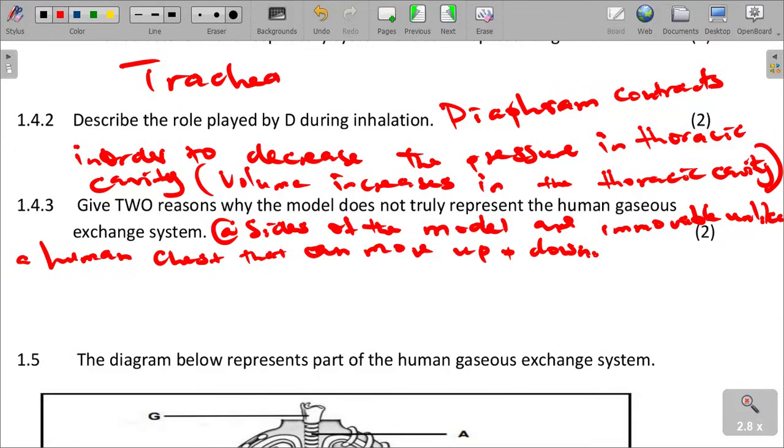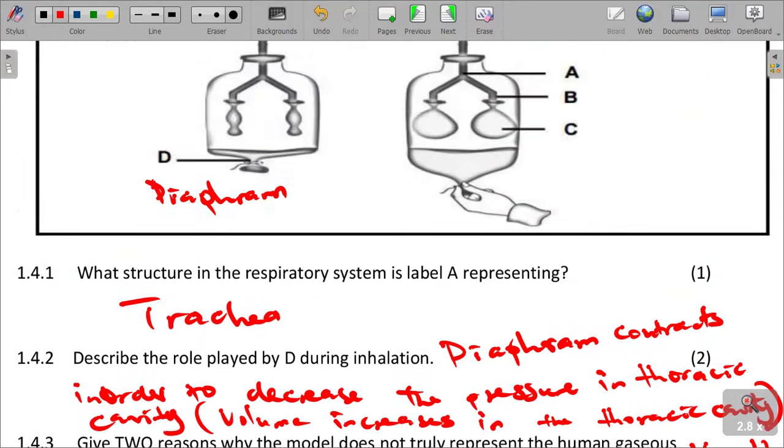Then the space between the lungs and the walls of the thoracic cavity is very small in the body, as you can see, whereas the model shows a large space between the balloons and the glass, which is something different.